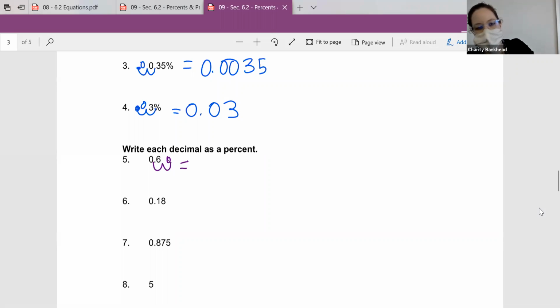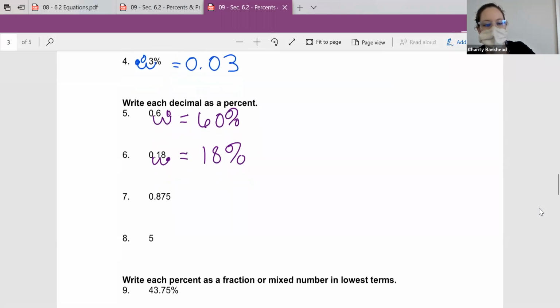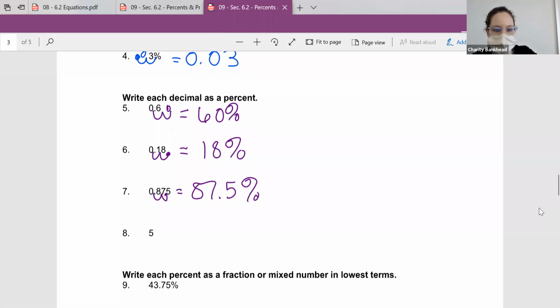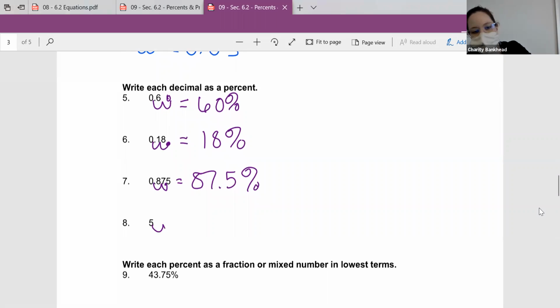So 0.6 equals 60%. 0.18 equals 18%. 0.875 equals 87.5%. And 5 equals 500%.